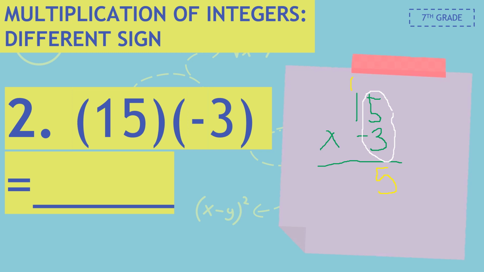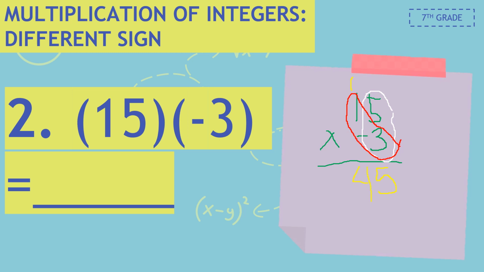Okay, and then next po natin na gagawin is for us to multiply 3 to 1. So 3 times 1 is equals to 3, and then we're going to add the remainder, which is 1. So 3 plus 1 is equals to 4.